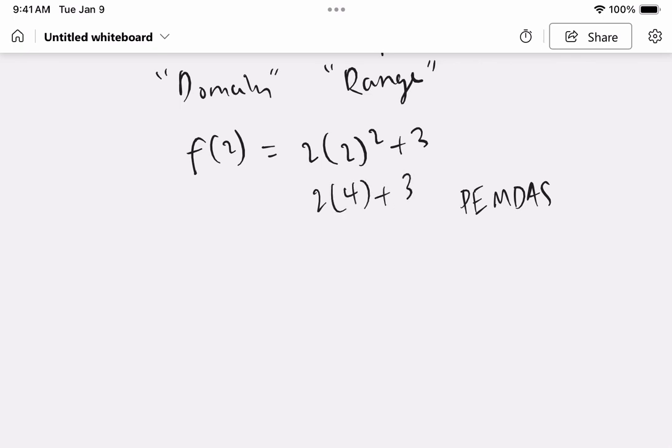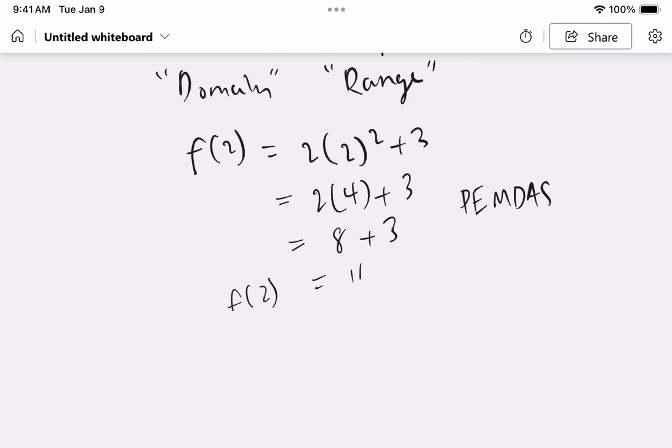So 2 times 4 plus 3. And then next, we're going to multiply, which is the M, 2 times 4. And then add 3. So when we input 2 into our function, it equals 11.